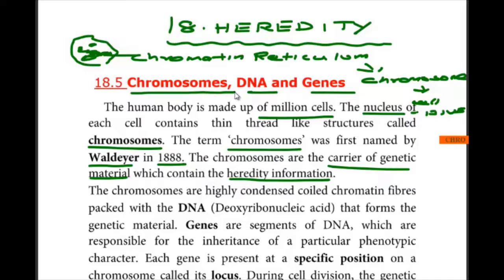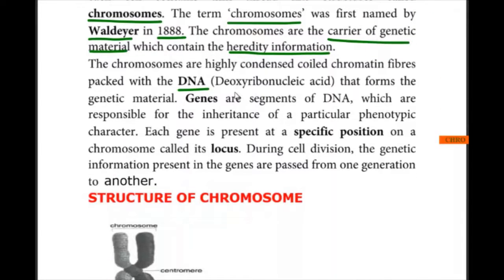These chromosomes are packed with DNA, that is deoxyribonucleic acid, and this deoxyribonucleic acid contains genes in its segments. These genes are responsible for inheritance of a particular phenotype character that we saw in earlier classes.